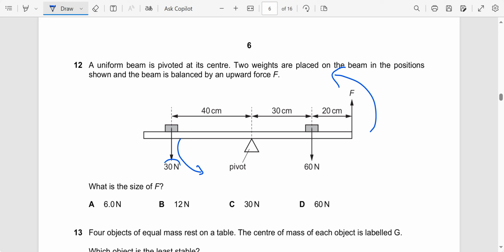So this is 30 times the distance from the pivot, which is 40, plus another anti-clockwise moment, which is F times 50, the distance from the pivot, is equal to 60 times 30.